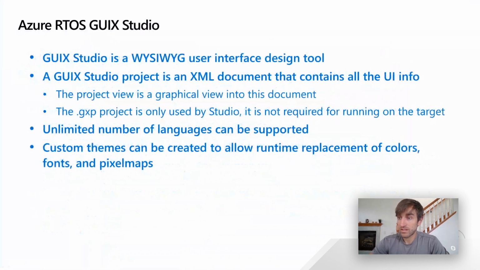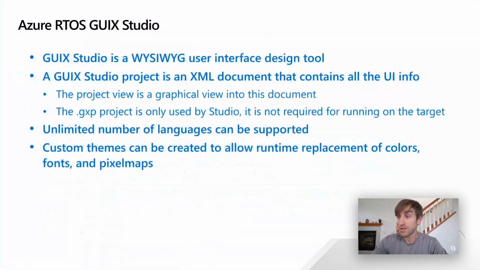and the project files that are created in Studio are not needed for running on the target. It's just an XML file for Studio, and Studio will actually auto-generate all of the C code and header files necessary for your user application.